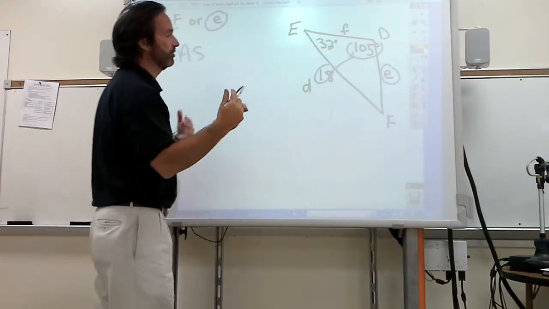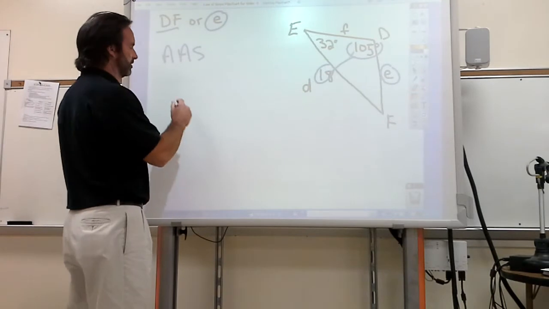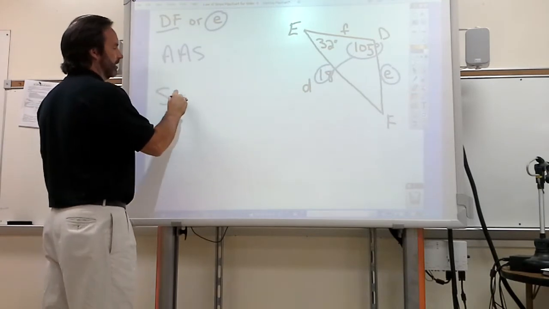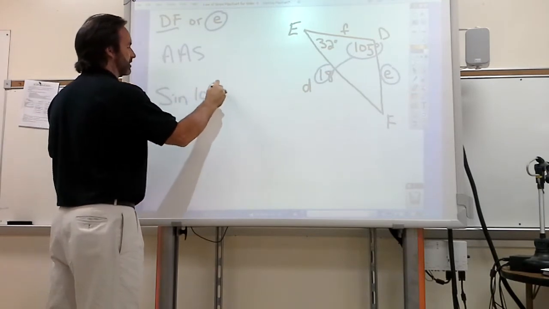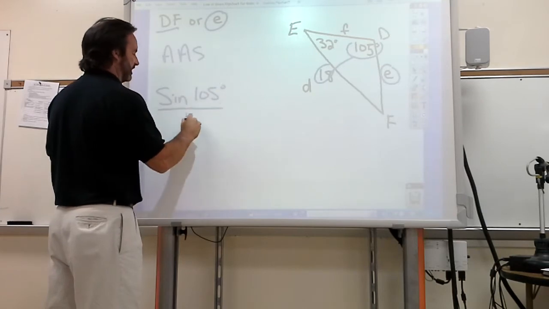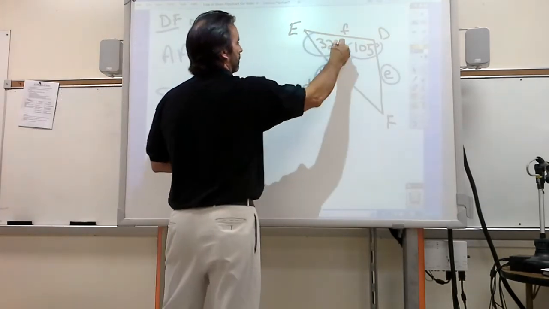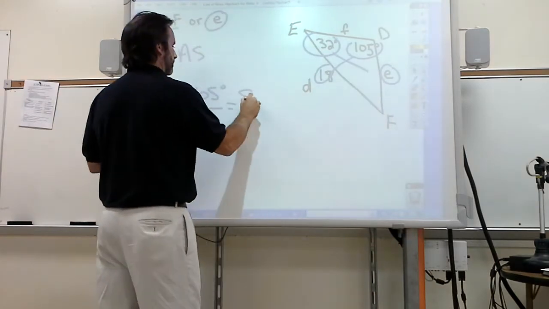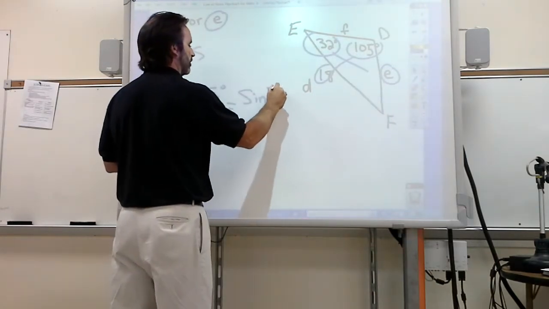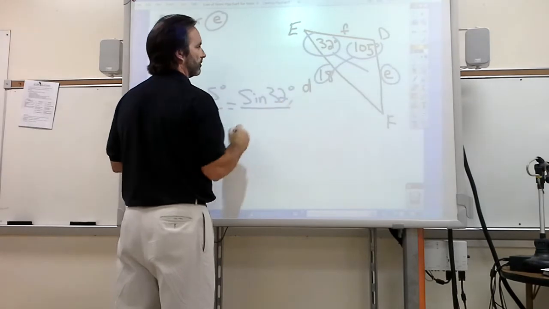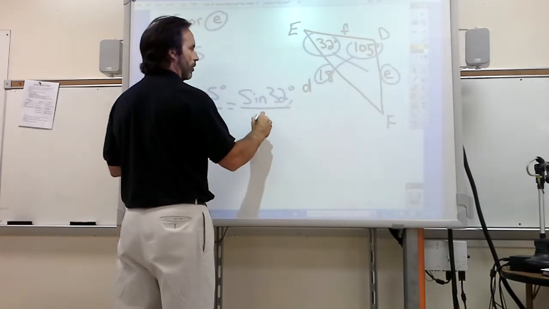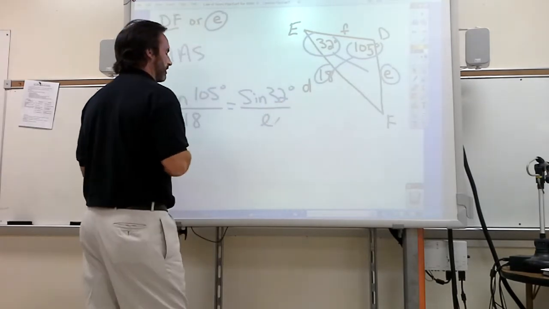Guess what? I'll do it both ways. I'll just do it the sine of 105 degrees over 18 equals sine of 32 degrees over E. And there's our unknown.